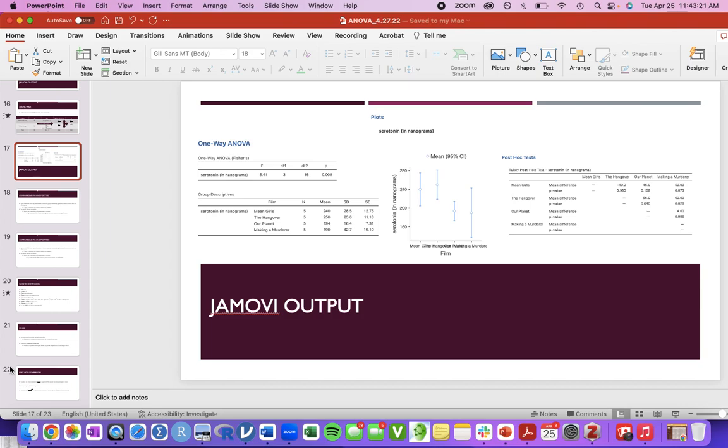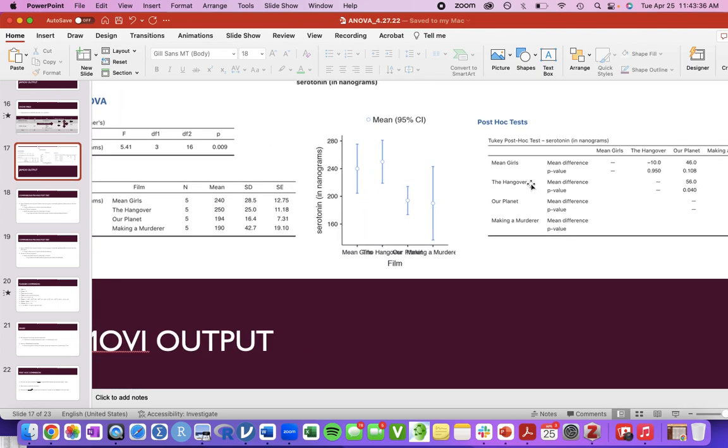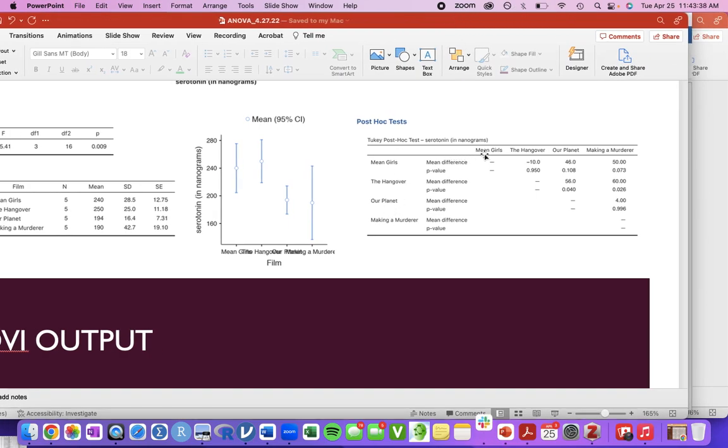A post hoc test shows us where that difference is. It compares, let's say this is for comparing movies, or serotonin release in movies. I'll zoom this in. So it's comparing Mean Girls to Mean Girls, Mean Girls to The Hangover, Mean Girls to Our Planet, Mean Girls to Making a Murderer, Hangover to Mean Girls, all the way down.